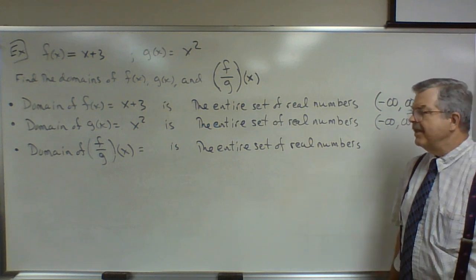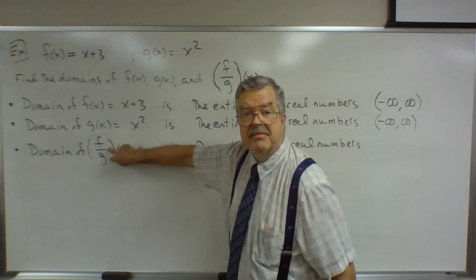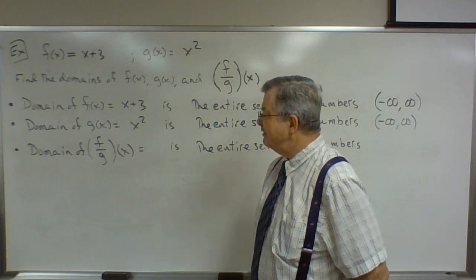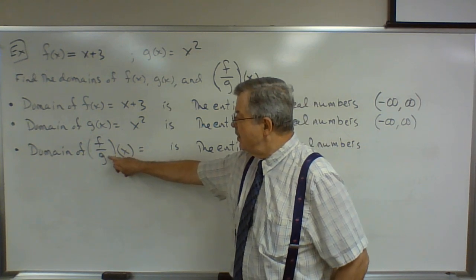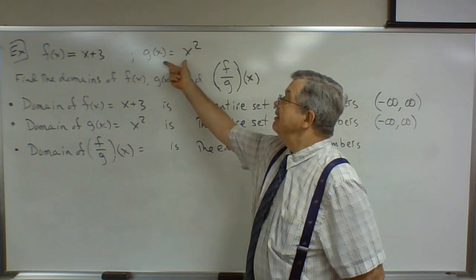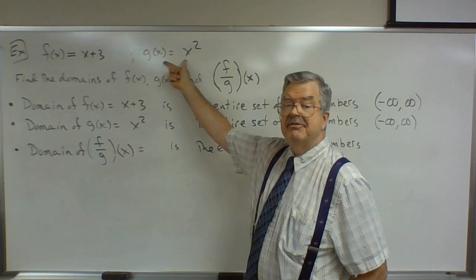One more thing. Because this is a quotient function, we also have to exclude any x values that make the quotient 0. Do any x values make the quotient g of x equal 0?